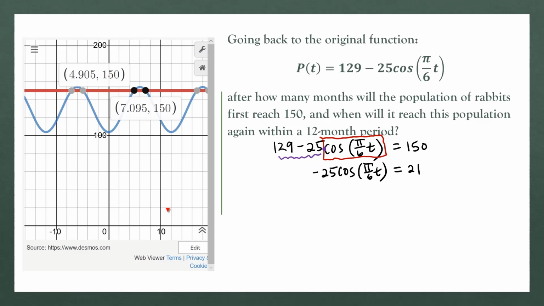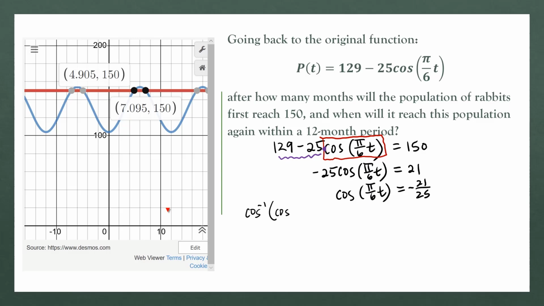All right, so now I'll divide both sides by negative 25, and I get cosine of pi over 6t equals, and I'm just going to leave this as negative 21 over 25. I try to use exact numbers as much as I can. Okay, so I've almost got the t by itself. The next thing that I need to do is take cosine inverse of each side.